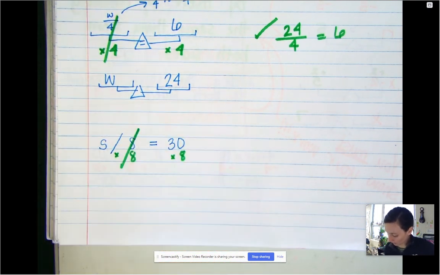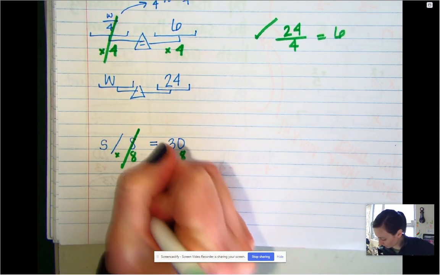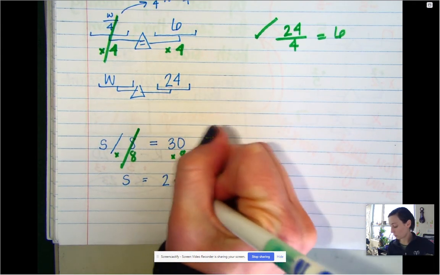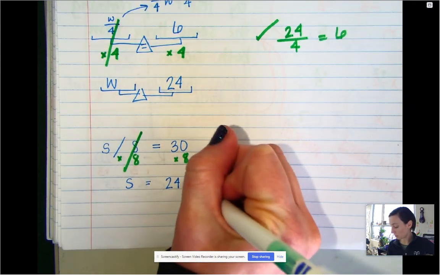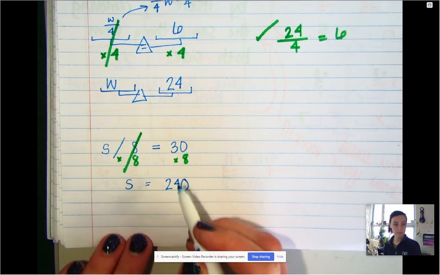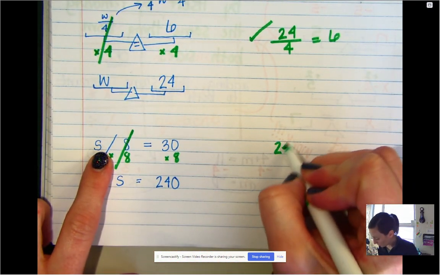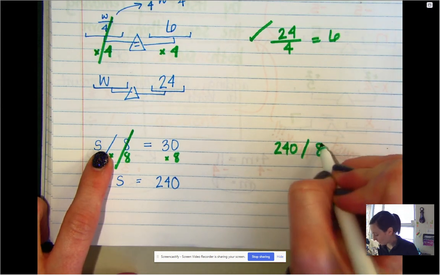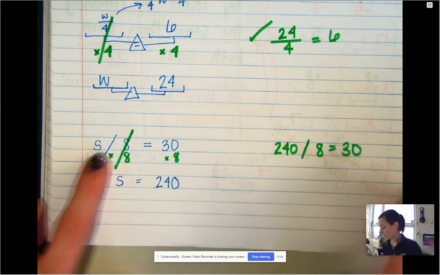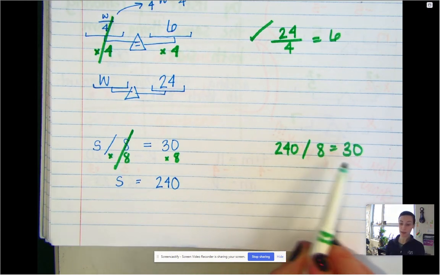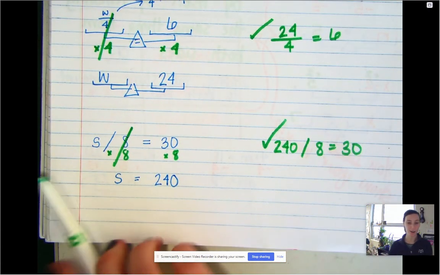This will cancel out, and I'll just have S over here is the same as, well, 3 times 8 is 24, so 30 times 8 will be 240. So let's double check it. 240 divided by 8 is the same as 30. Well, 24 divided by 8 would be 3, so it makes sense that 240 divided by 8 is 30. Yes, we are correct there.